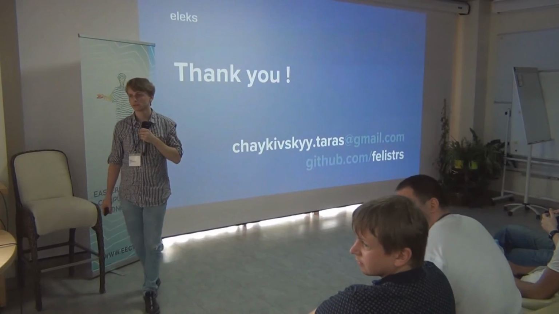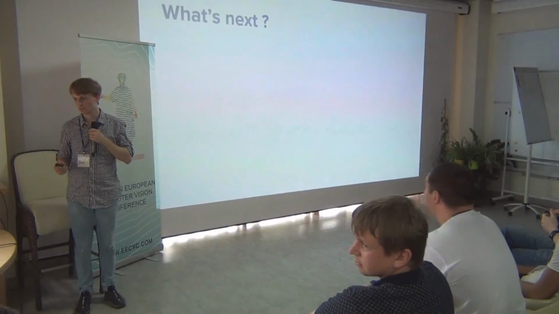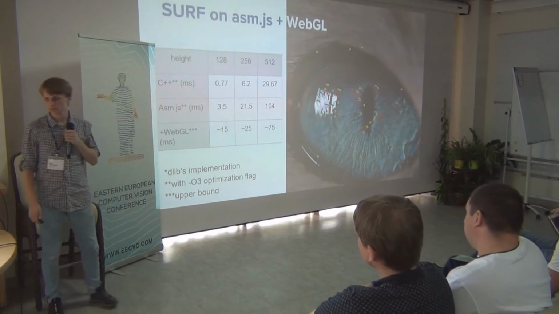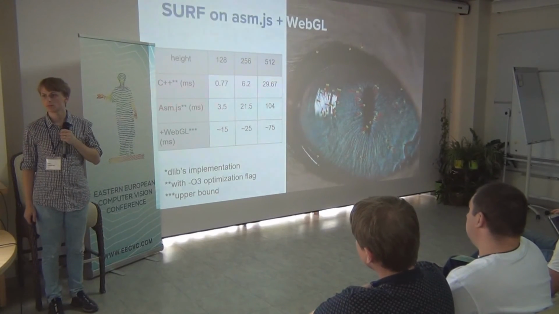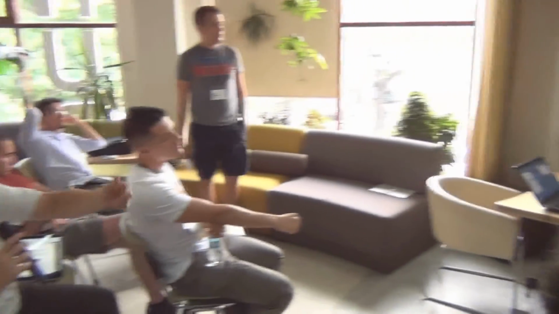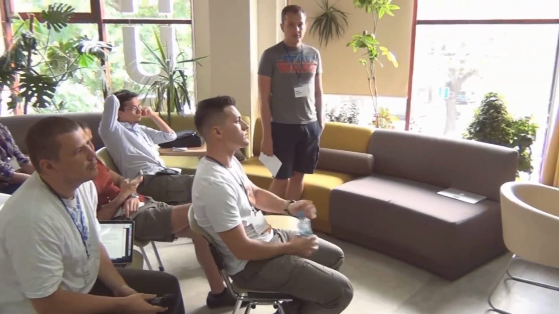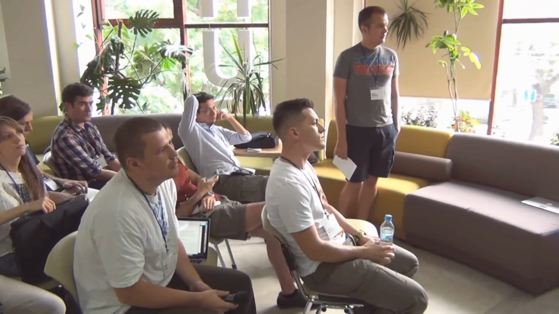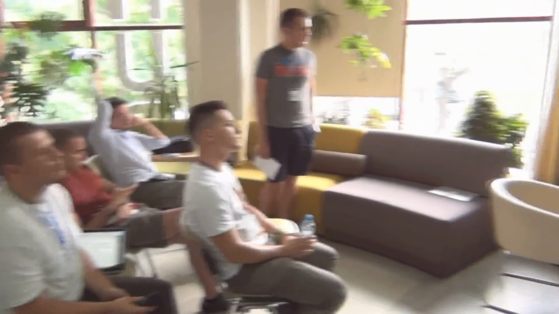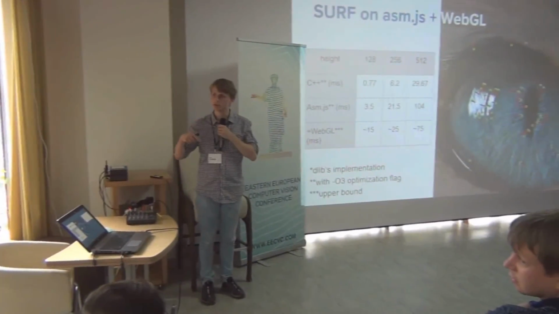In the last table, you compare three types of this, and I don't understand how you implement SURF on WebGL. It was only part of the algorithm. It's the part where you calculate the pyramid.